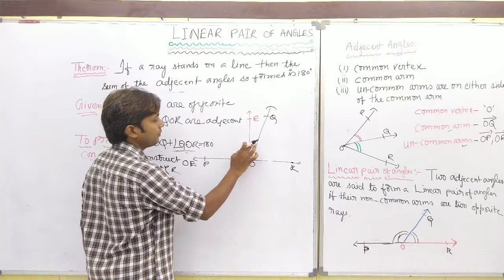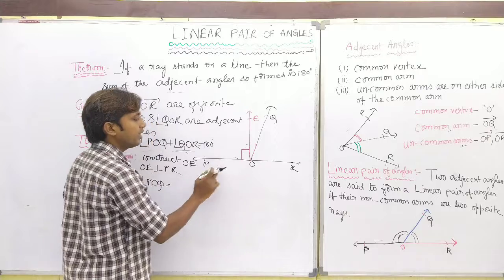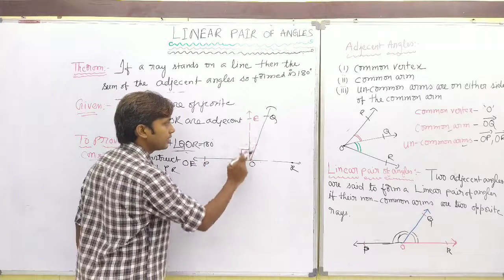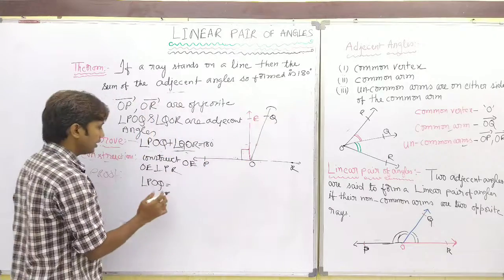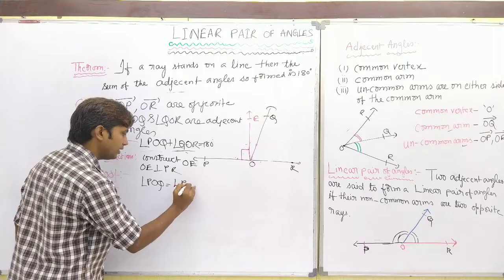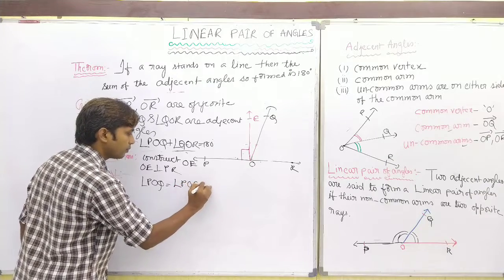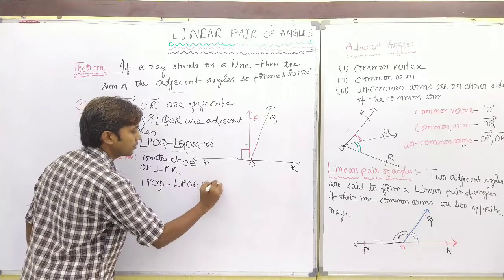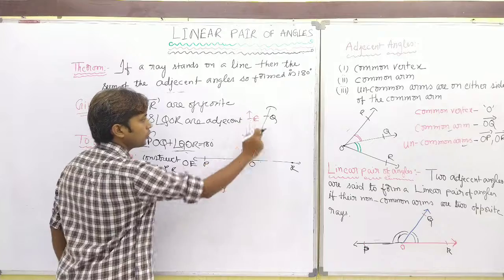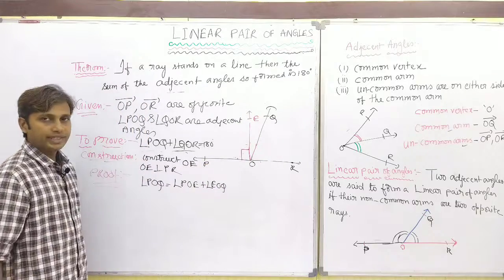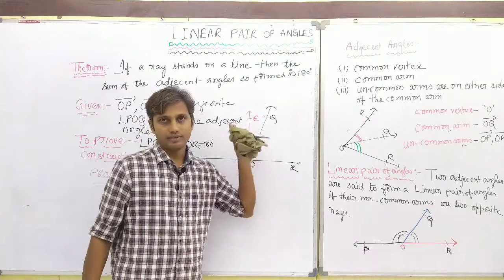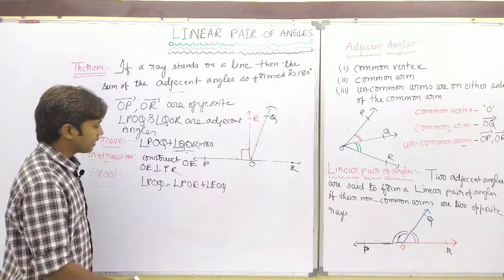So we have split this into two angles, POE plus QOE. So angle POE plus EOQ. Got it? Now we have split it according to the given construction.